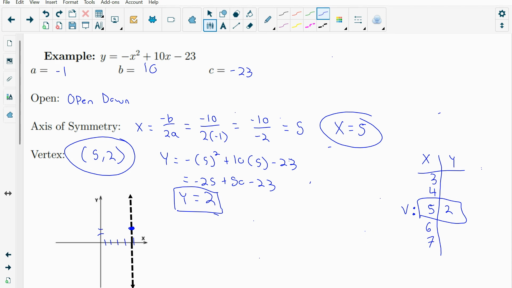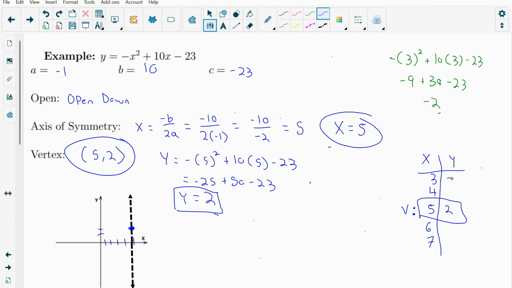So substituting in 3, that would give me negative 1 times 3 squared plus 10 times 3 minus 23. That's going to give me negative 9 plus 30 minus 23, which is going to give me negative 2.